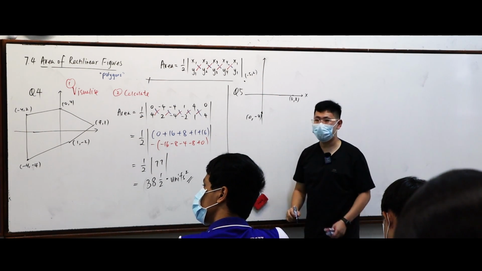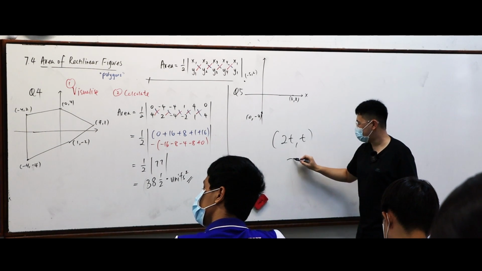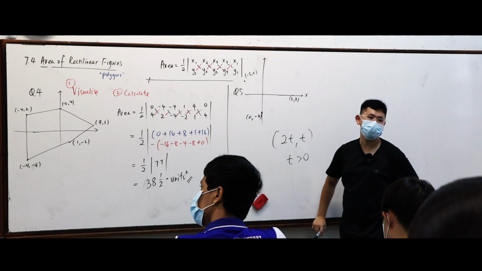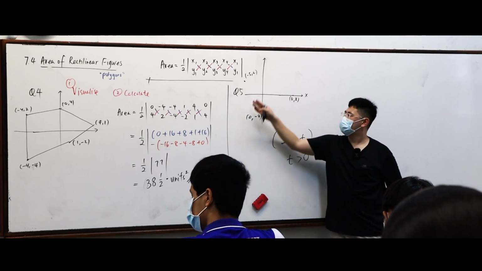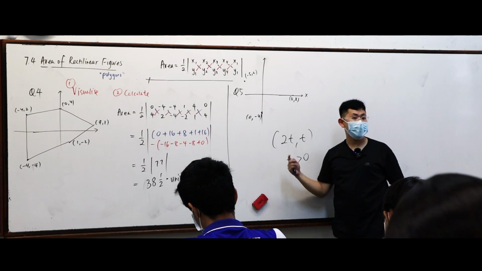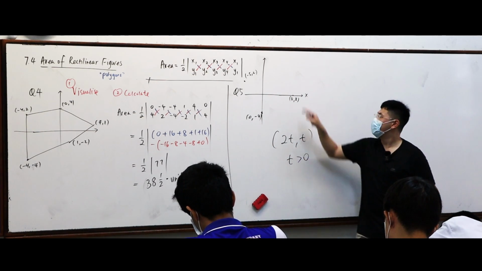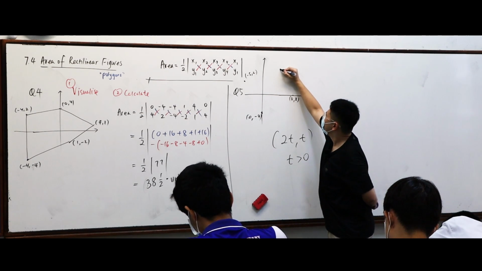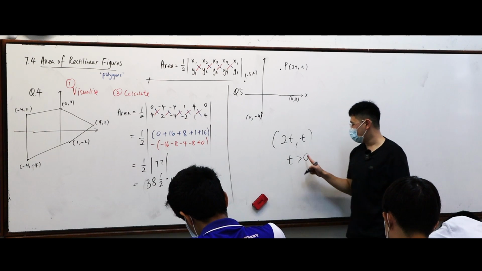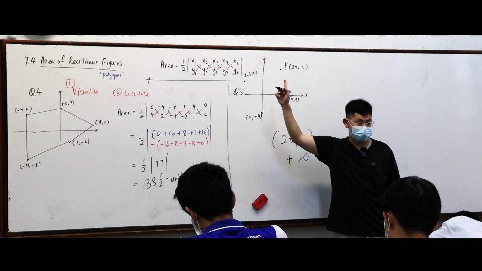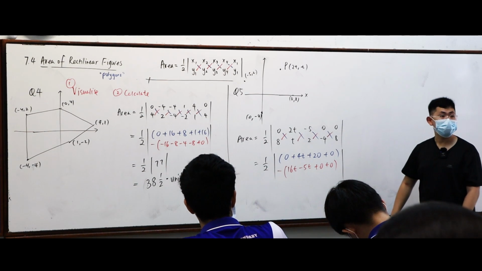And if you observe, the coordinates of P is this one. And they say that t is more than 0 in the question. So which side will this point be? Top right, correct? It's going to be a positive number, so it's going to be over here. If I don't know, I just put it somewhere over here. And it's not at 0, so it won't be on the axis.